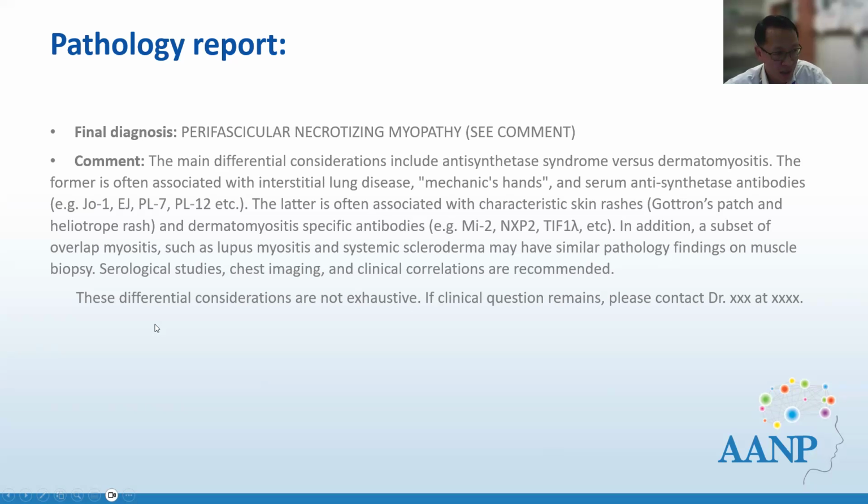And most importantly, which I haven't started doing but plan to do, is you add this last sentence here. These differential considerations are not exhaustive. If clinical question remains, please contact me, and actually give a reachable number or email there. So this way you can directly talk with a clinician and also give them a way to reach you.